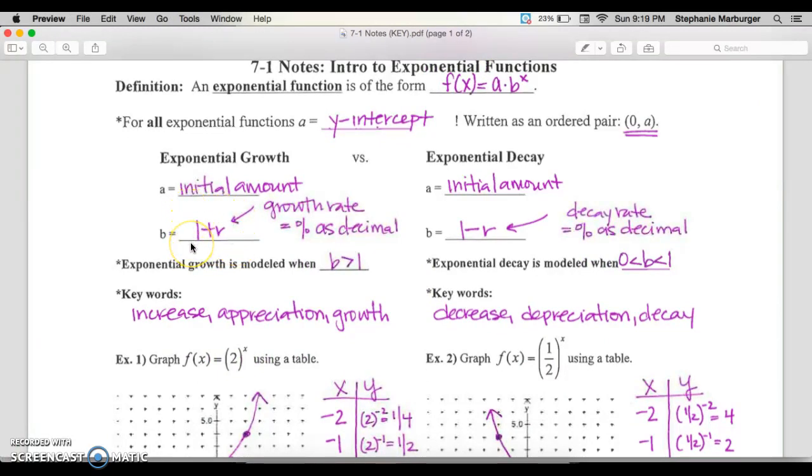So once I've gone through this video, I'm going to have you come back to the key and see if there's anything that you can add to your notes to make them make more sense or just have a little bit of extra reference for you when you're working on homework. So if you look here at this B value where it says 1 plus R, I have a little arrow here and I said the growth rate R is a percent written as a decimal.